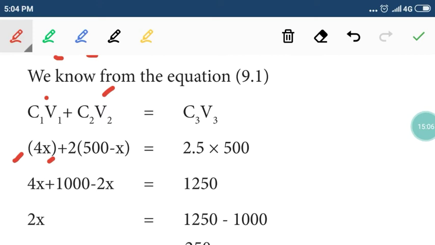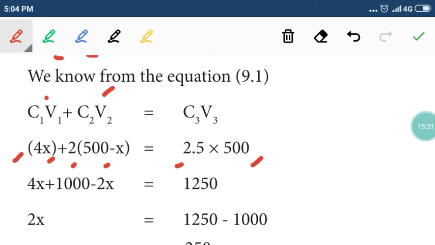Next, one more solution is there. Concentration of another solution is 2 molar. And how much volume of 2 molar hydrochloric acid is taken? 500 minus X. And which solution is going to be prepared? 2.5 molar HCl solution, and its volume should be made as 500.